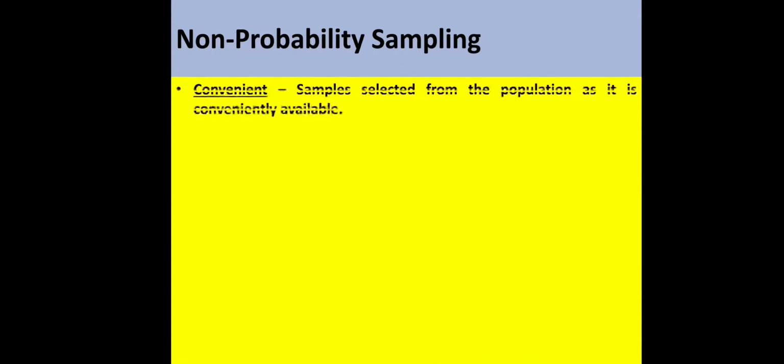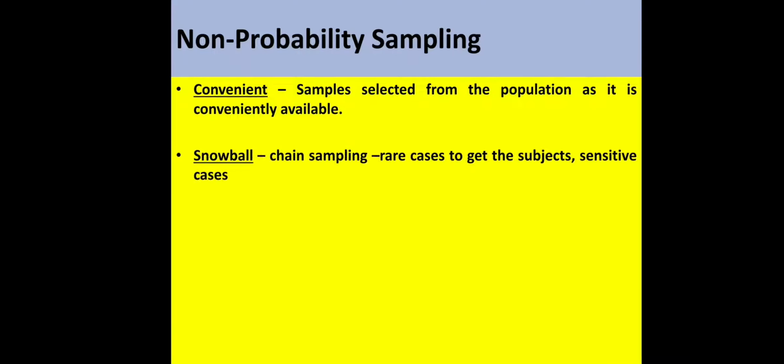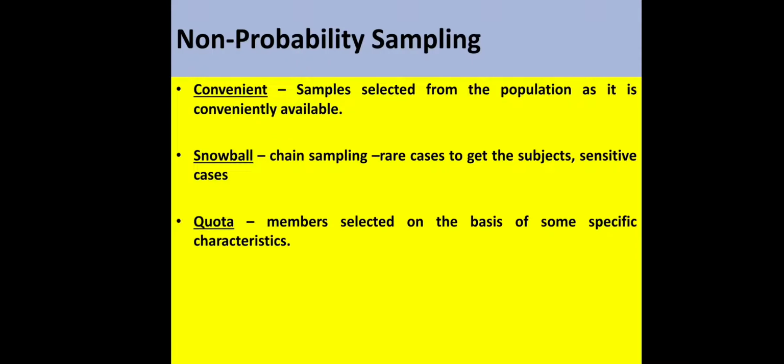So coming to non-probability sampling, we have convenience sampling, snowball sampling, and quota sampling. In case of convenience sampling, check this out. Samples are selected from the population as it is conveniently available. So what is happening here?